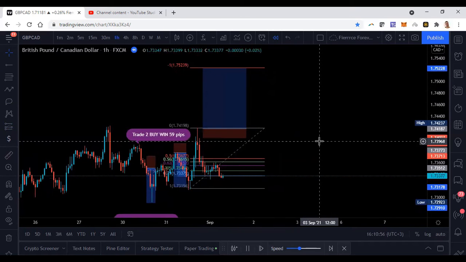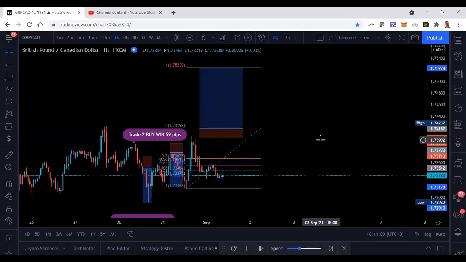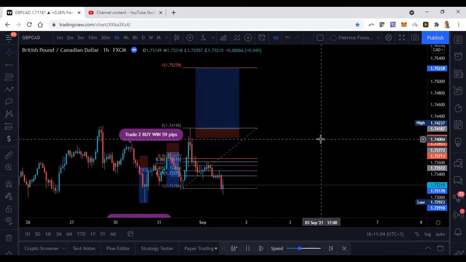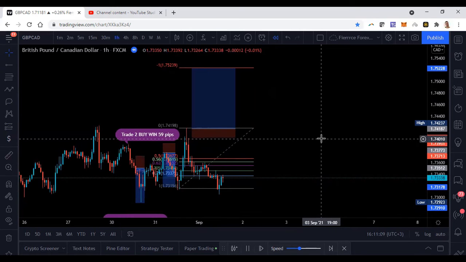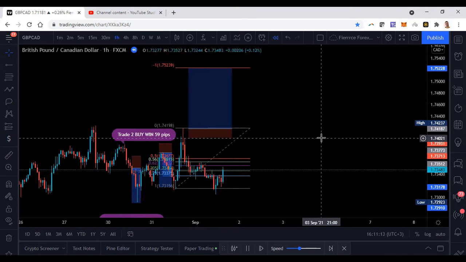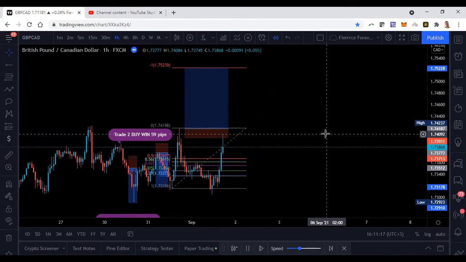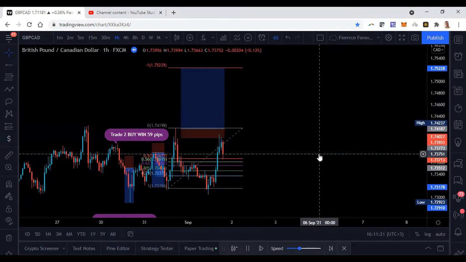So we're still kind of pushing lower. We're consolidating. There we go. Hopefully we break through. We've not yet triggered the trade. We pulled back.